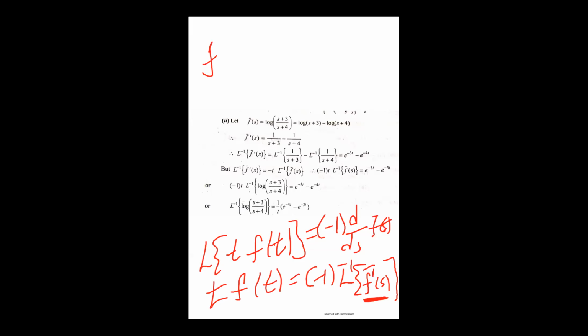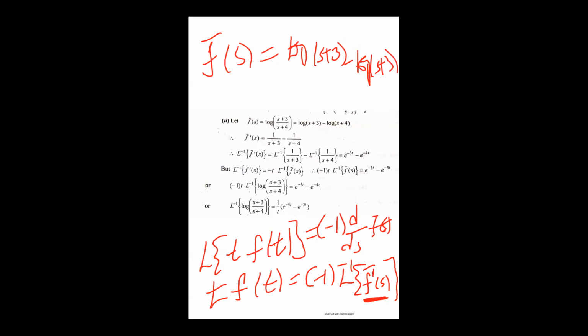The given problem, f bar of s, is log of (s plus 3) by (s plus 4), and using the logarithm property, log of a by b is log a minus log b. So log of (s plus 3) by (s plus 4) is converted to log of s plus 3 minus log of s plus 4.